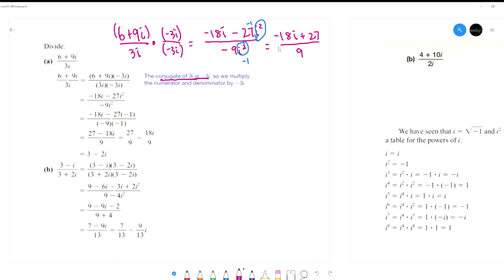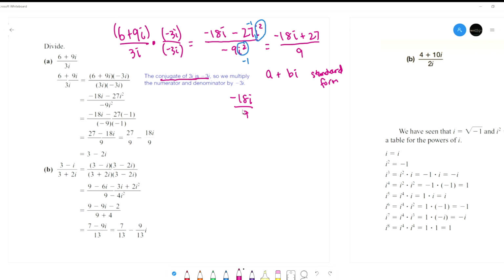Okay, so we have to write this in standard form. Standard form means a plus bi. Okay? Right now it's written as one fraction, so we have to separate these. We have negative 18i over 9, and we want to write the a first.